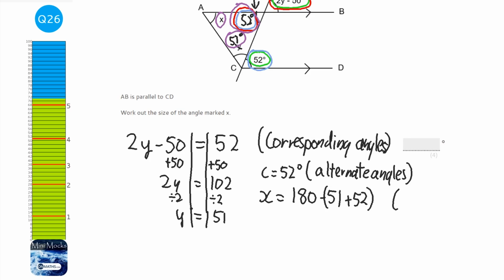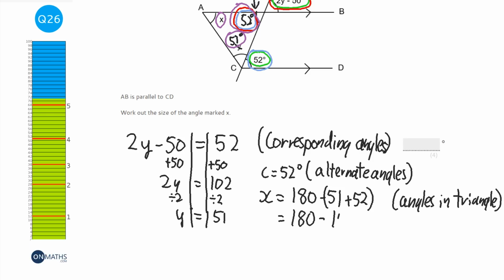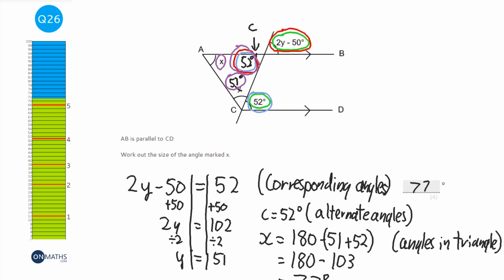And the reason is angles in a triangle. Okay, so I know that 51 plus 52 is going to be 103. And therefore, that's going to be 77 degrees. So my answer is 77 degrees.